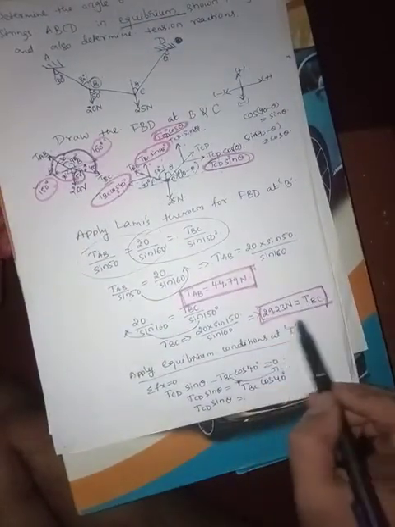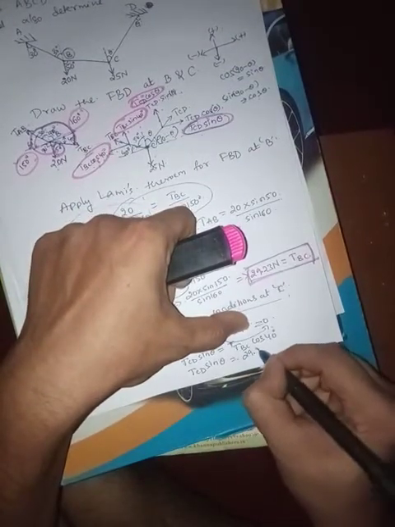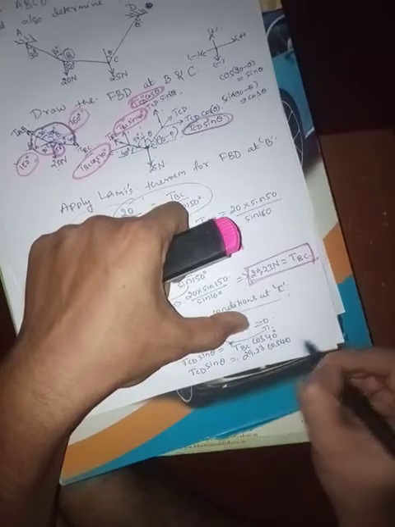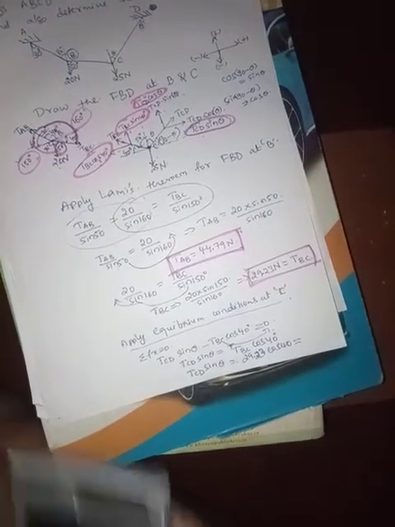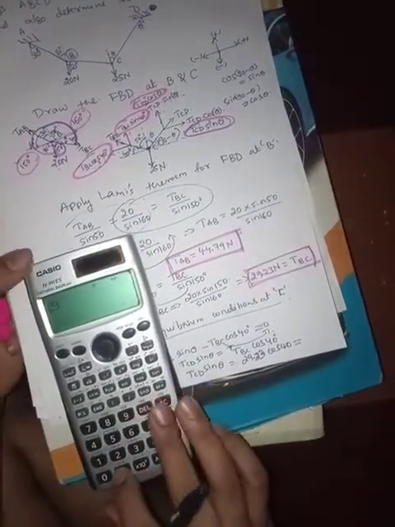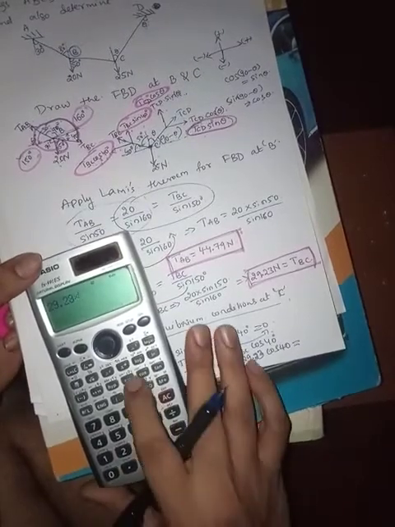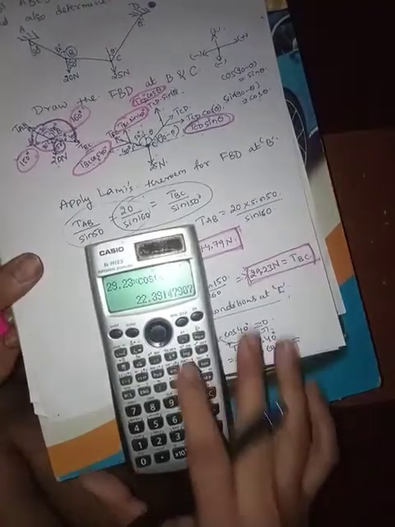So what is TBC cos 40? TBC is 29.23, we already calculated that. So 29.23 cos 40, so it is 22.39.